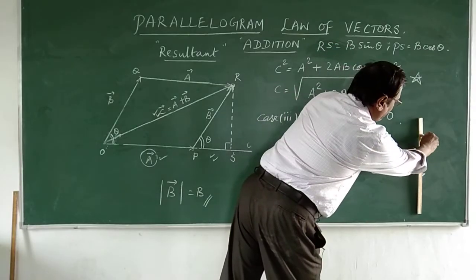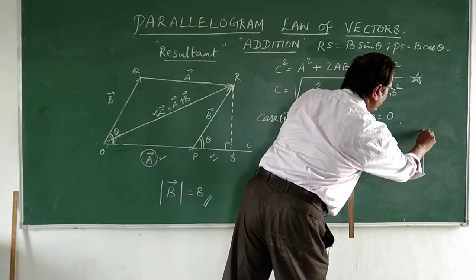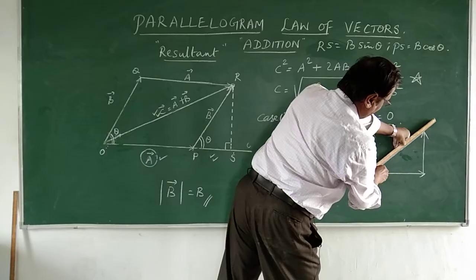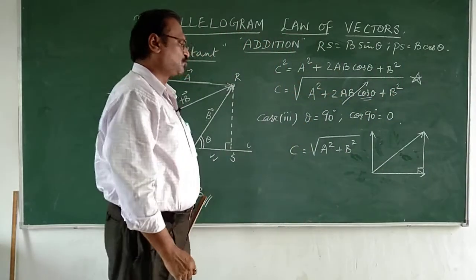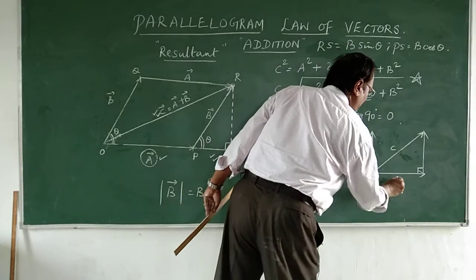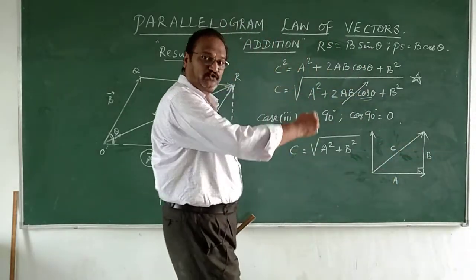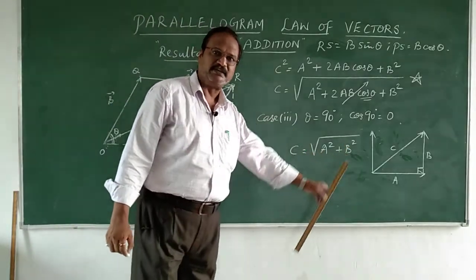You can shift this vector perpendicular to this like this, keeping the same length, and this gives me the resultant. This is nothing but a right angled triangle. So C is equal to A and B values when we take it. We use Pythagoras theorem, so C is equal to under root A square plus B square.